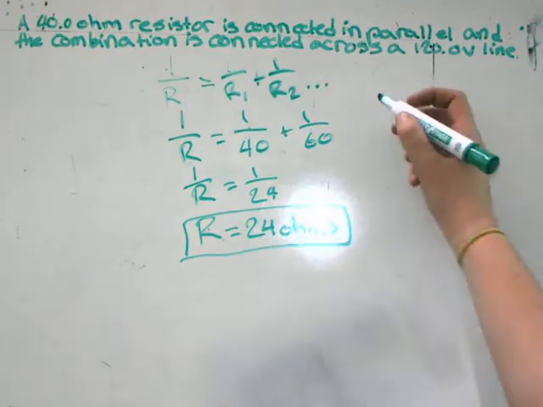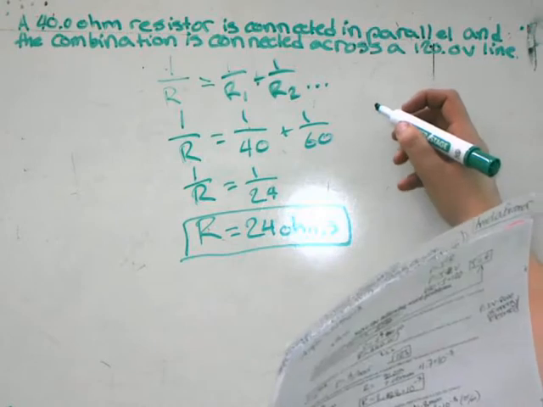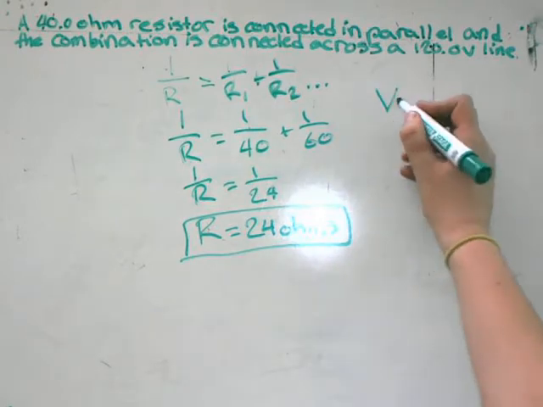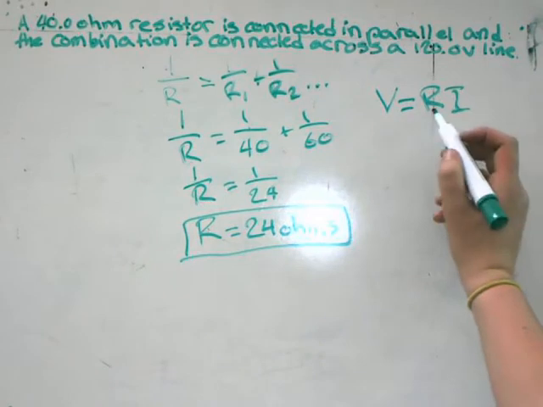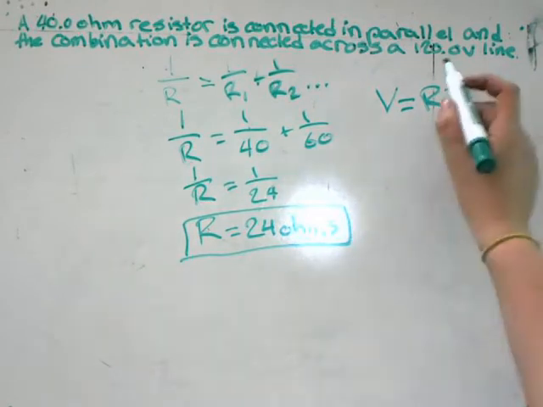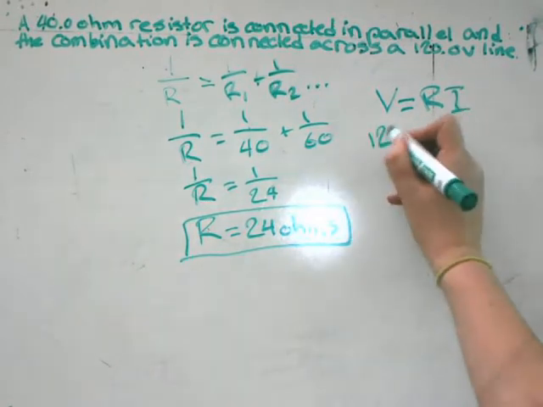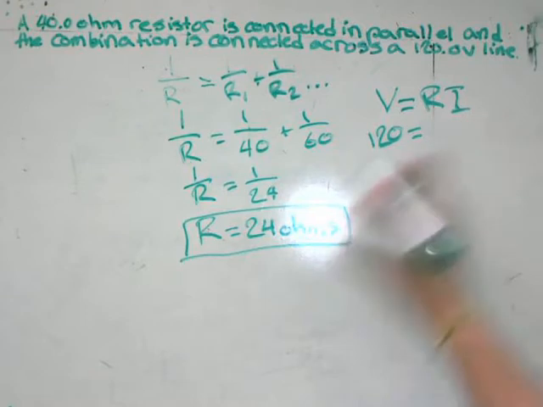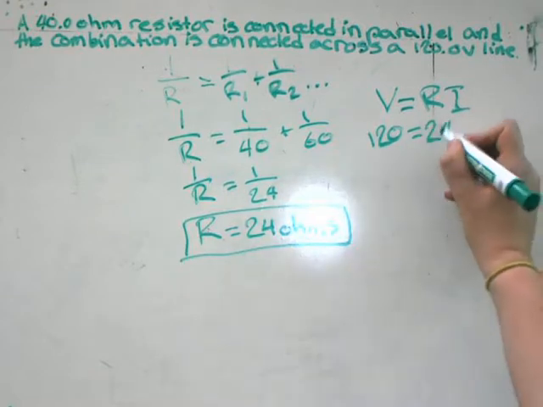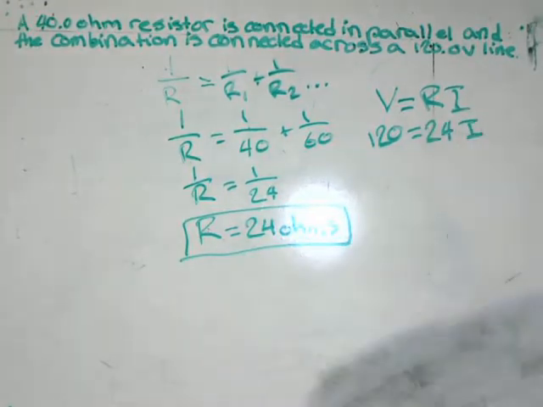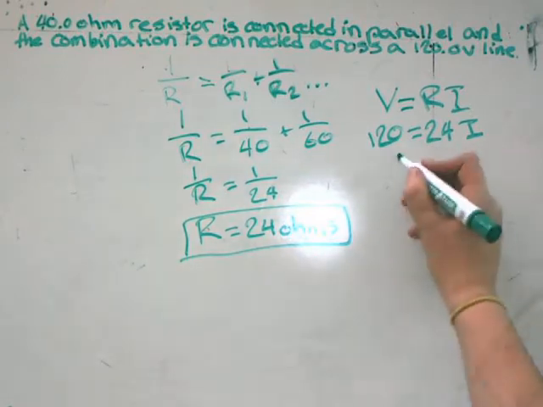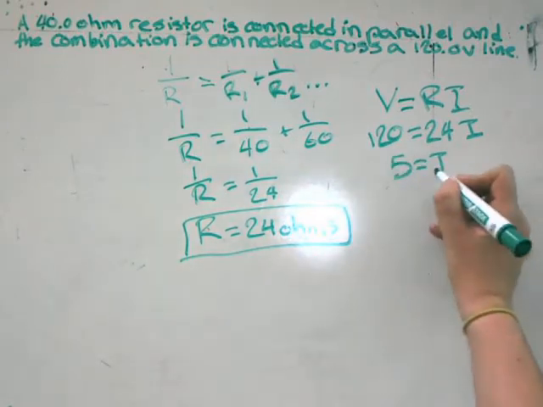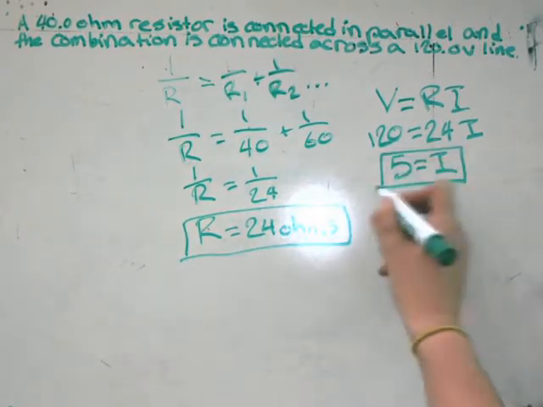The equation we're going to use is V equals RI, so voltage equals resistance times current. We know the voltage is 120 and the resistance is 24, so we solve for I. When we divide through, we find that I equals 5. So that's the total current.